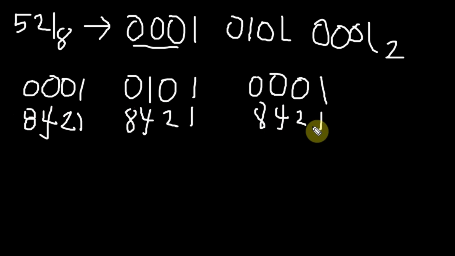Now 8, 4, 2, and 1, adding them will give us 15. Now 15 is the maximum or the largest number in the hexadecimal number system.